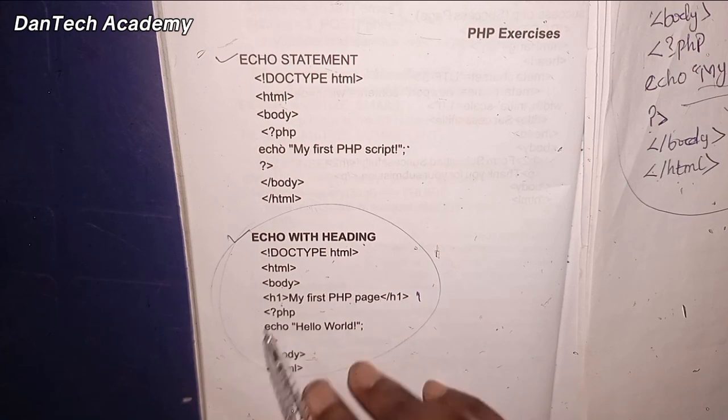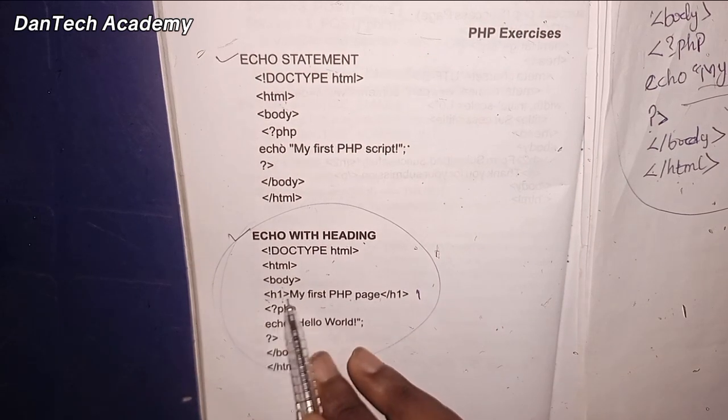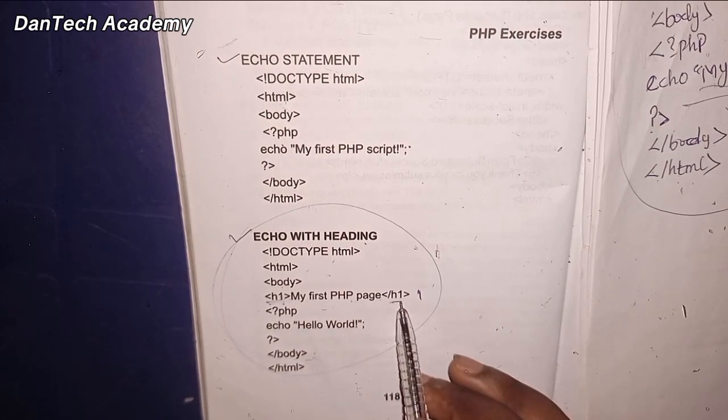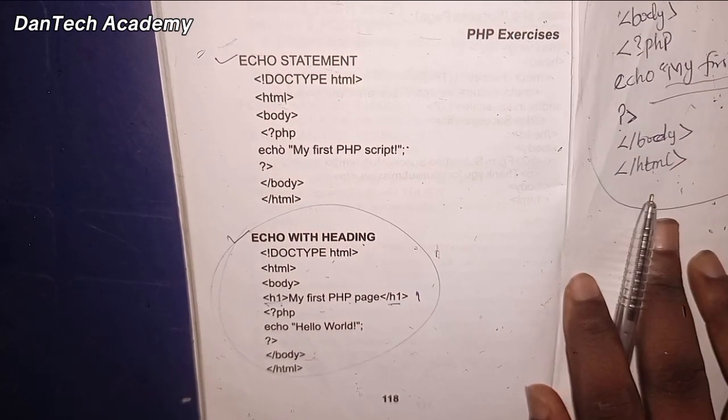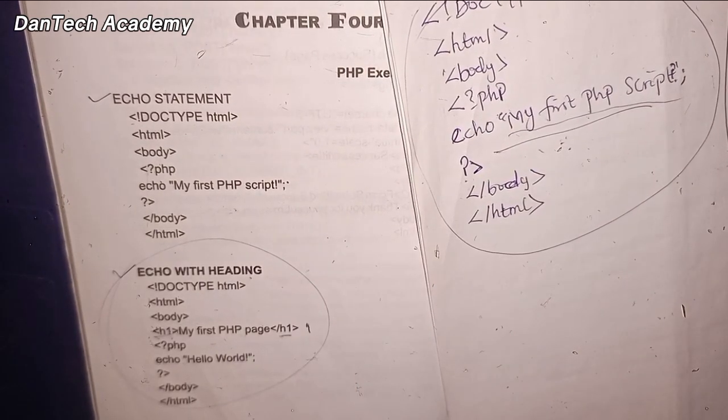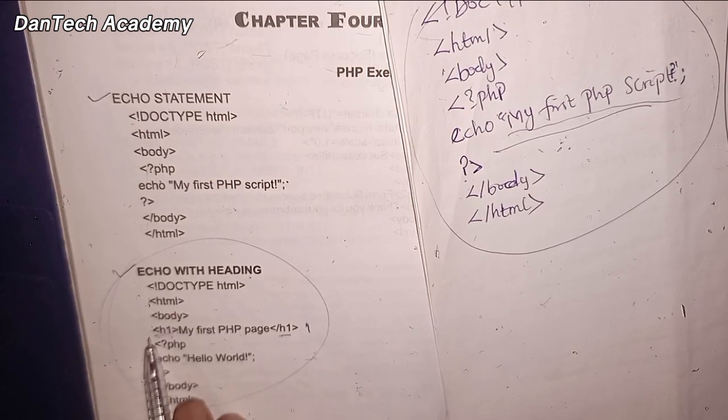So that's the difference. If I remove this H1 open tag and closing tag, it will come back to just like how the first one is. So there's nothing different there. The only difference, you check it yourself, is that this one has a bigger header.